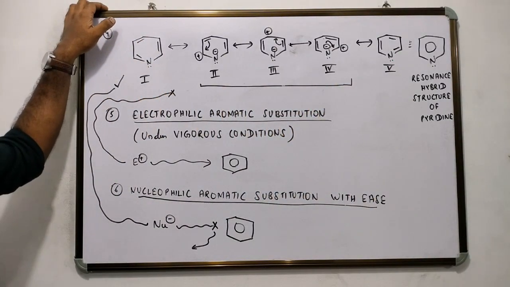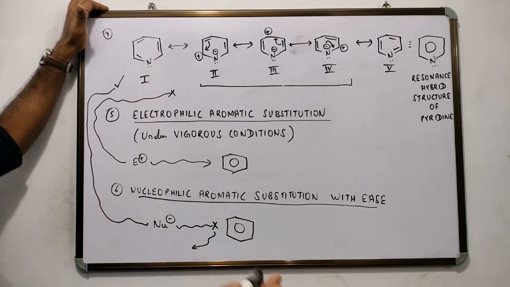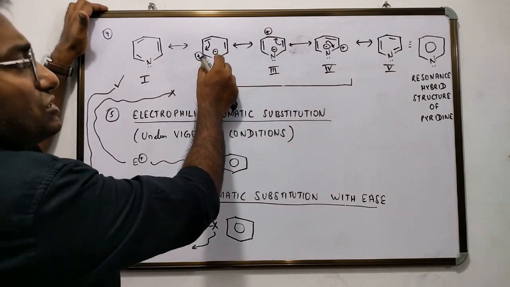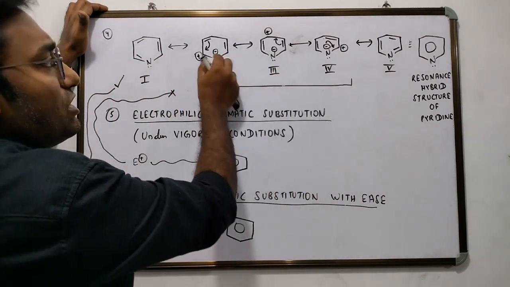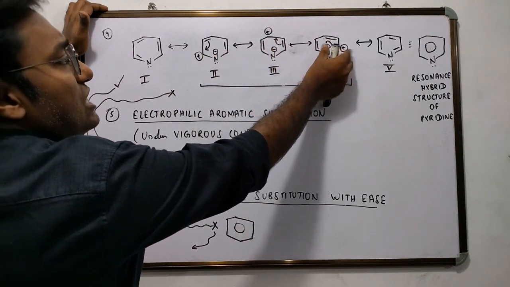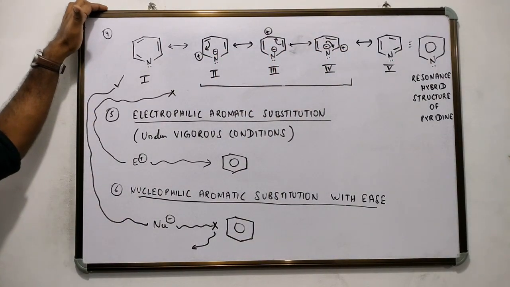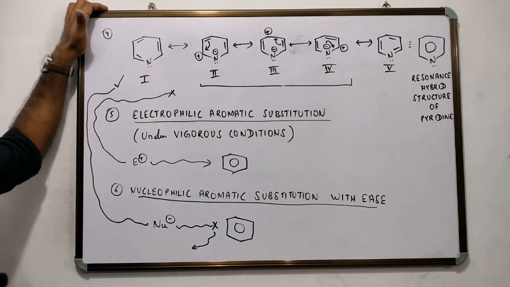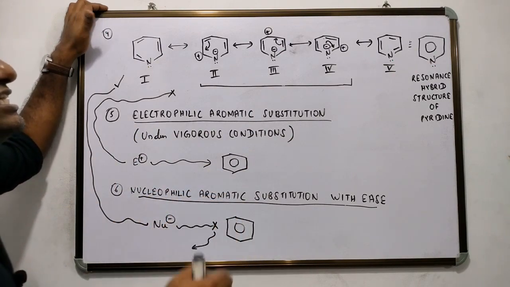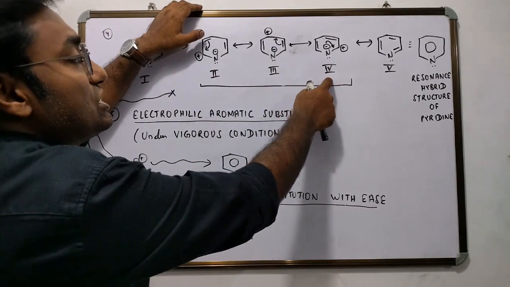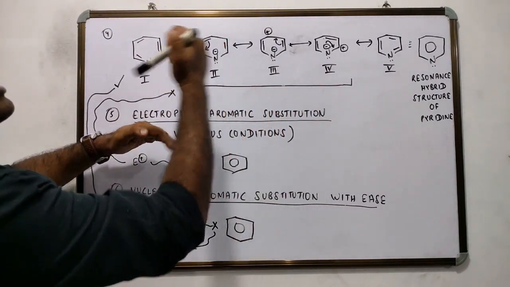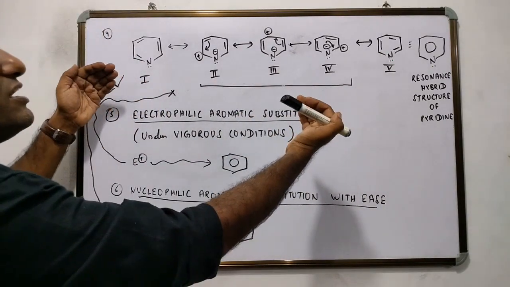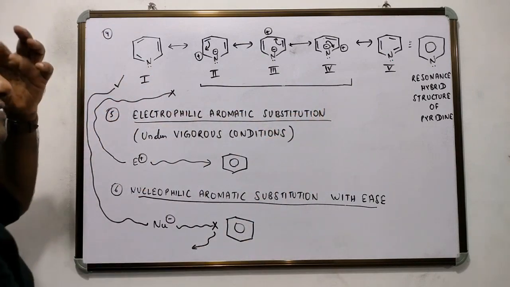But why is it so? Why is it that pyridine spends less time as ionic resonating forms? If we introspect structures 2, 3 and 4, the ionic structures, we would notice that there is charge separation in these structures. Charge separation requires additional energy, and because it requires additional energy, that puts these three structures at a thermodynamically higher energy level, while structures 1 and 5 are at a thermodynamically lower energy level.